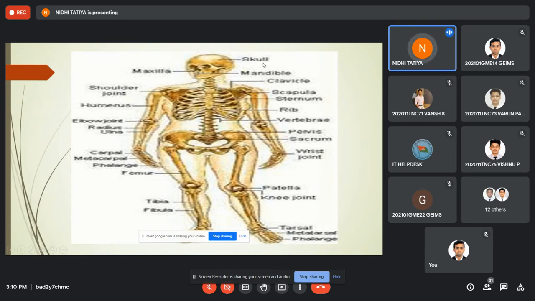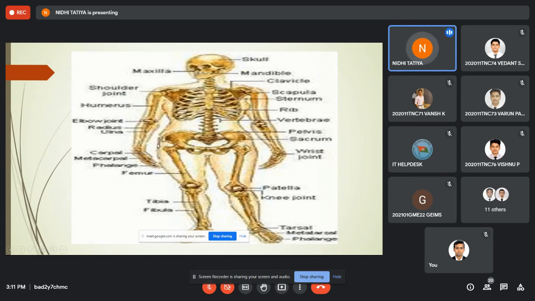Okay, I'm repeating once again: skull, mandible, sternum, ribs, clavicle, scapula, vertebral column, and the pelvis. And all the parts that I just mentioned make up the axial skeletal.